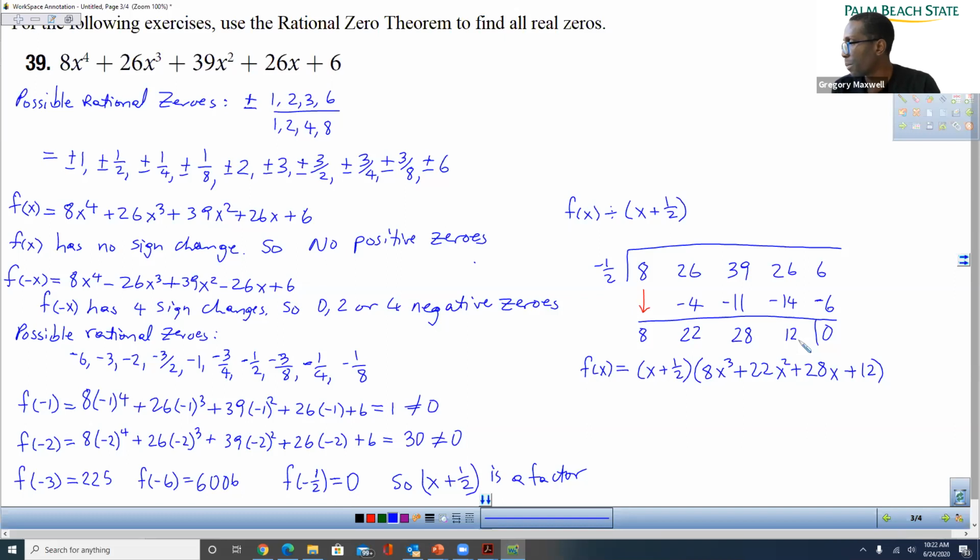And that doesn't work. So what number do we try? By the way, we'll try negative 3/4. Okay, just a little side note here.